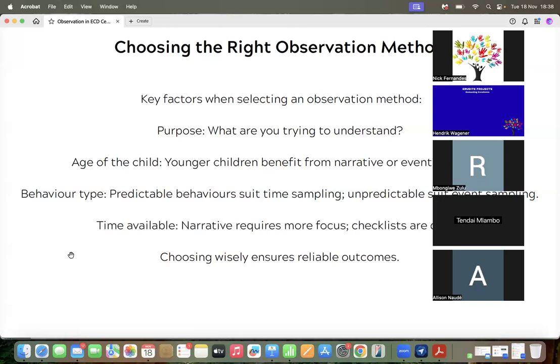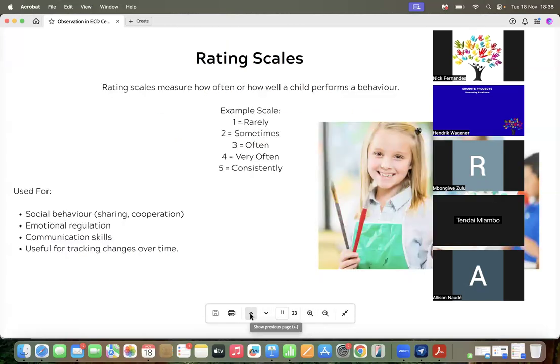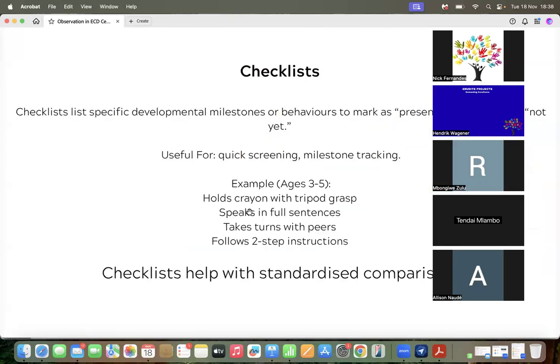Then we also have the checklist one, which I've now also forgotten. Then we have the rating scales, the one for social behavior. You ask specific types of questions, for example, how often does Mary share her toys with her friends? Then you would rate her on a scale of 1 to 5, 1 being she never shares them, 5 being she always shares them.